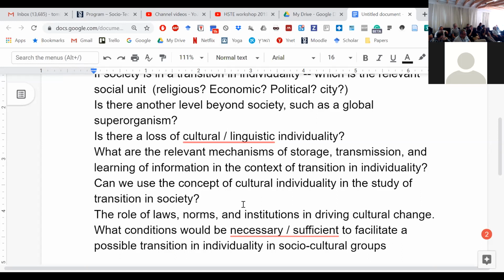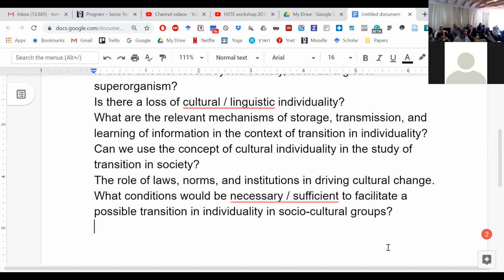I'm not saying that the population genetic level is not good, but maybe there are other ways of trying to model human cultural evolution, cultural systems. Other models.